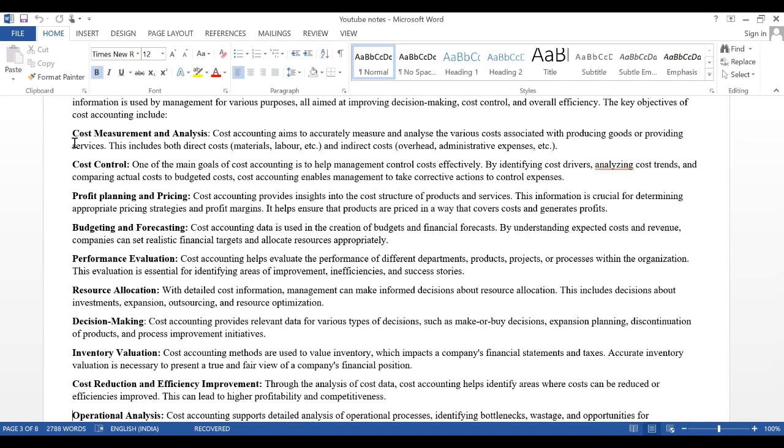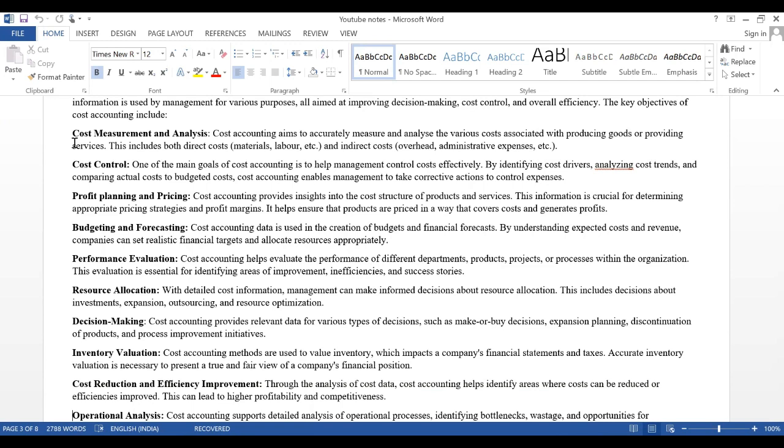So almost everything related to that particular product. So when we come to know how much we spent on a particular thing, then it is easy for us to check, is it really necessary to spend so much amount on that particular thing?